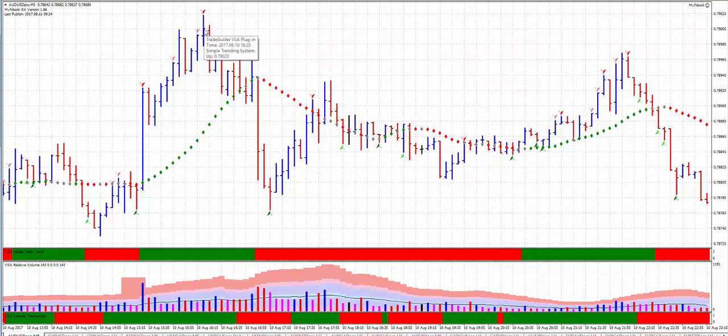Right? Weakness is starting to appear. So there's no demand to drive the price up. The bar closes in the middle of the range. Okay, and we get the next bar, which is a pretty decent down bar, which closes on the low. Okay, so that basically confirms this principle.